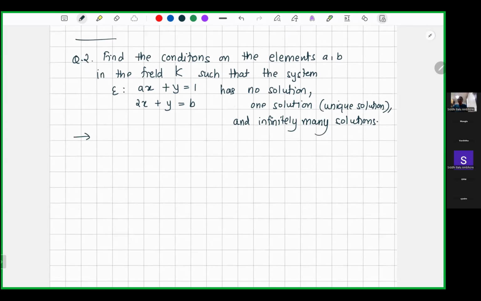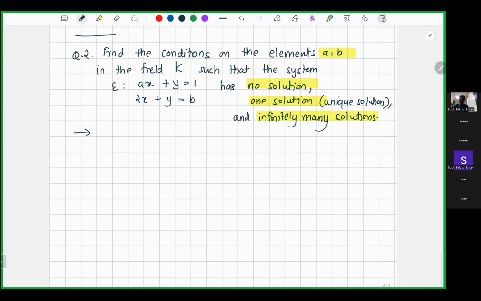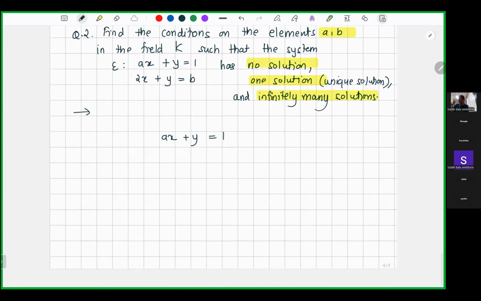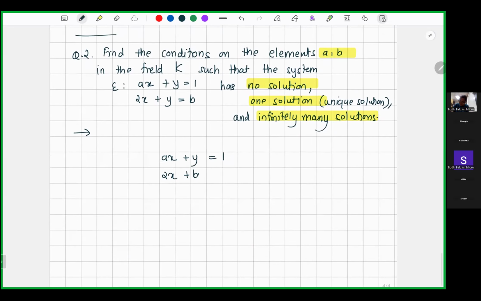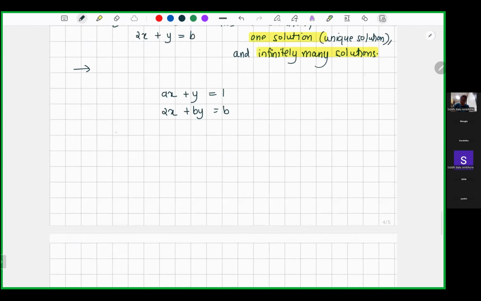Okay, so we have to find conditions on a and b such that this system has either no solution, one solution, or infinitely many solutions. Okay, so what does this system look like? So this is ax plus y is equal to 1 and 2x plus by is equal to b. So this is the matrix a 1, 2 b times x y is equal to 1 b.